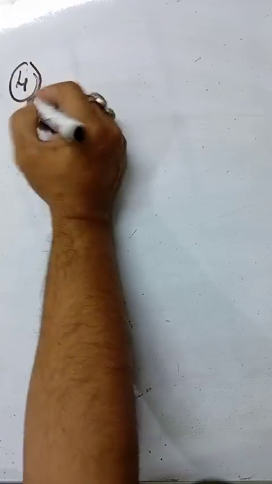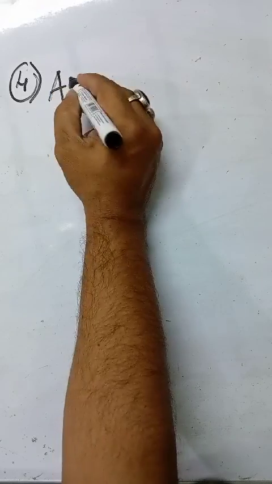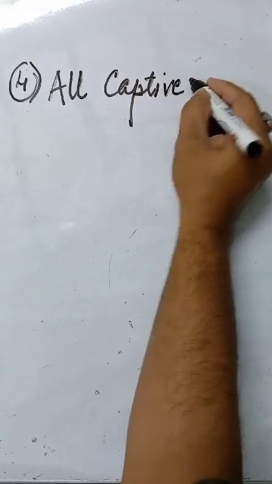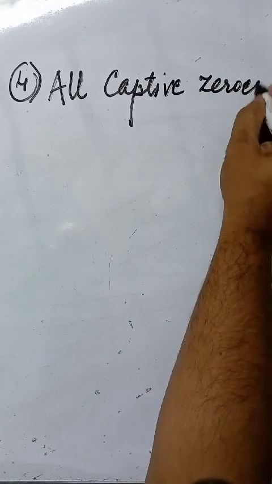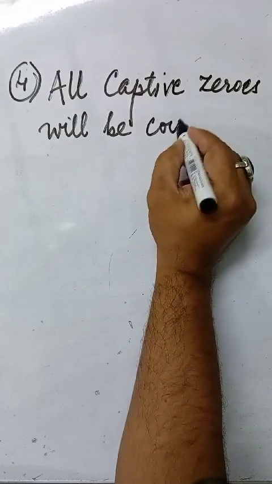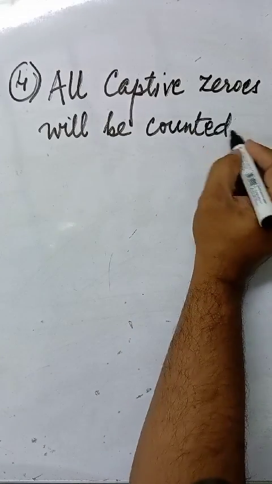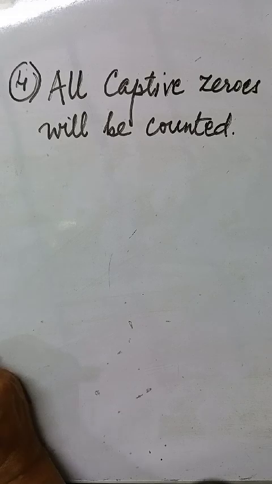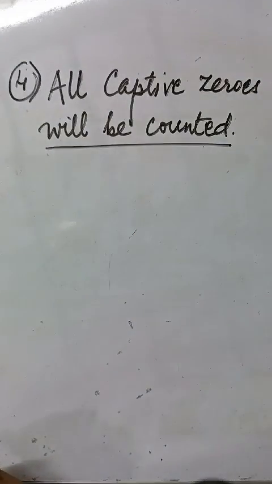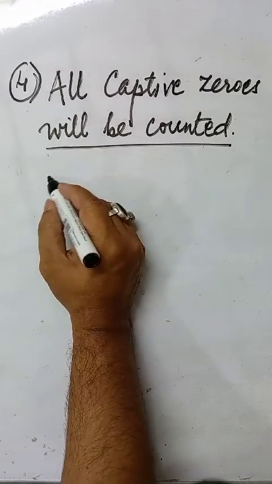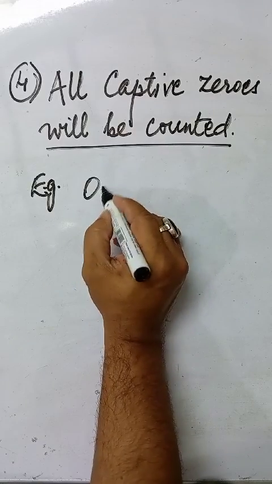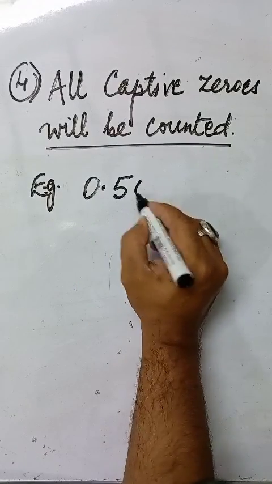So we have that fourth rule here: all captive zeros will be counted. Will be counted is the main theme here. So let us take up an example again to make it clearer. In fact, we will take two examples.